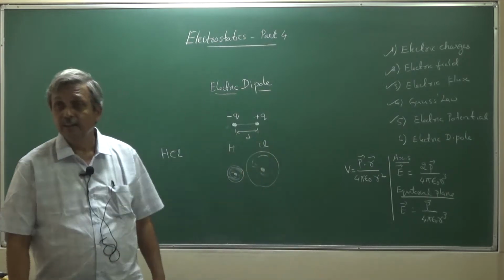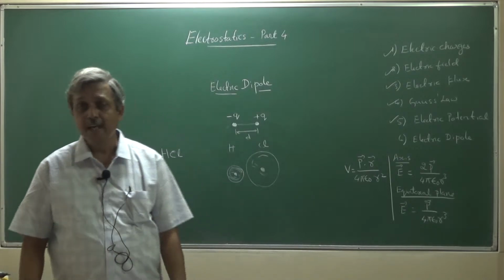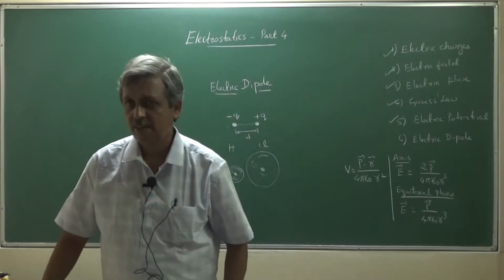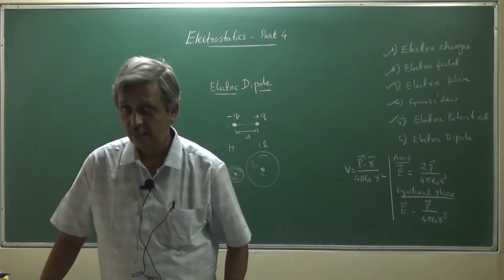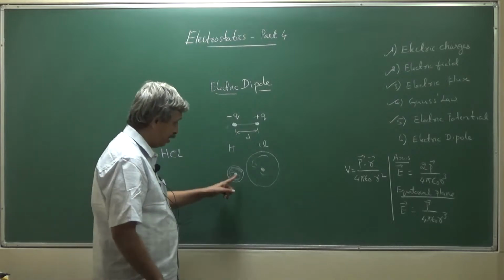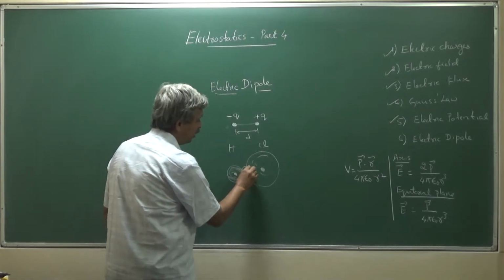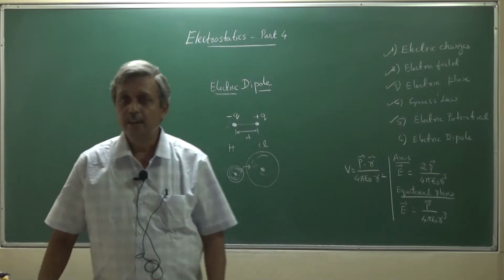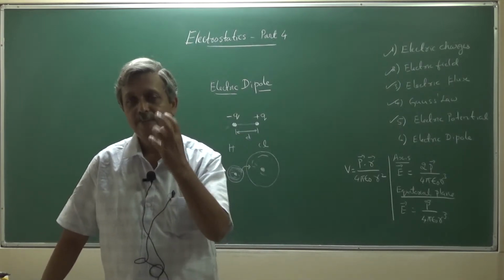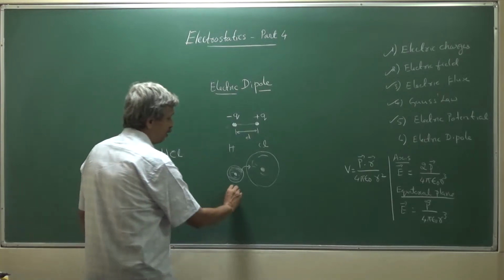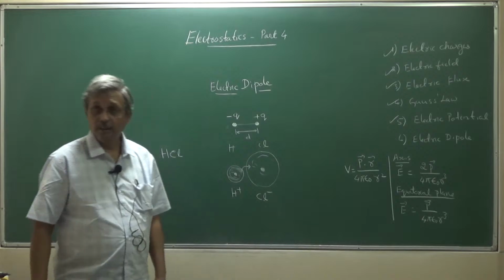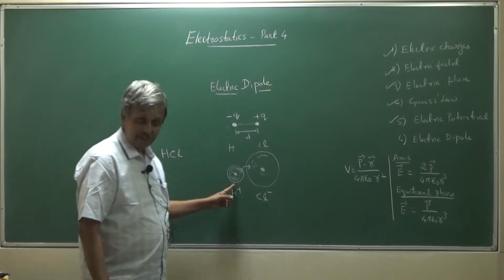Now you can see that the chlorine atom has many electrons, and the hydrogen atom has only one electron. However, we have to understand that when they come nearby, the hydrogen gives one electron away, and chlorine takes the electron and forms the bond. When they form the bond, this is H plus and this is Cl minus. So what is the charge for this?